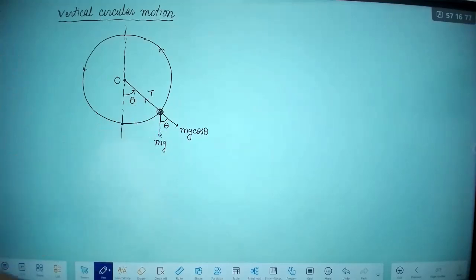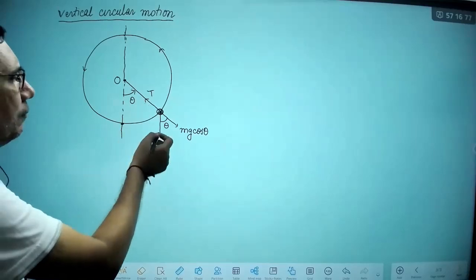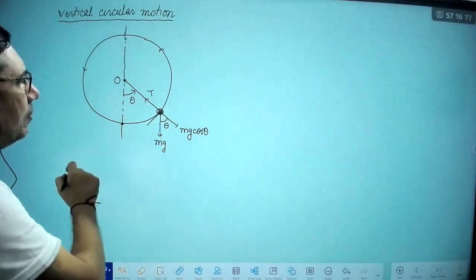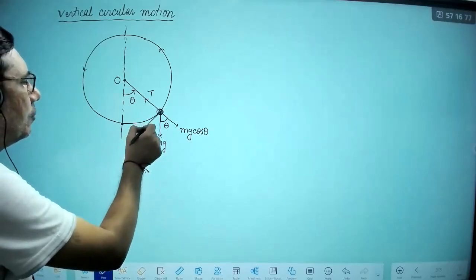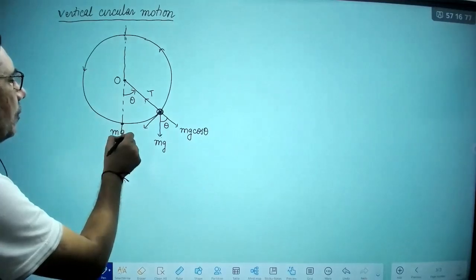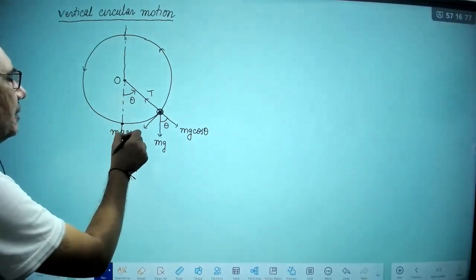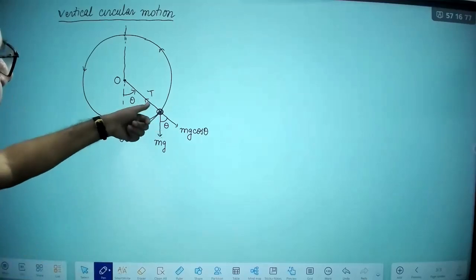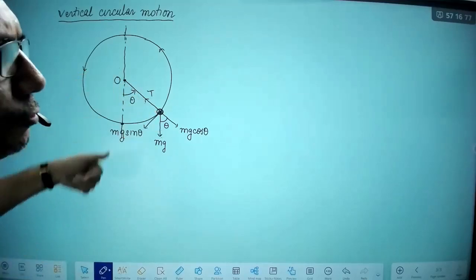Now, what is the source of centripetal force? Because circular motion is taking place, there should be some source of centripetal force. This component will be mg sin theta. Tell me, what is the source? Here tension is the source.